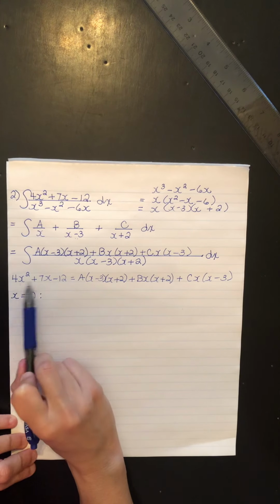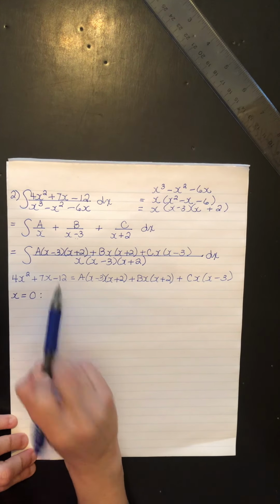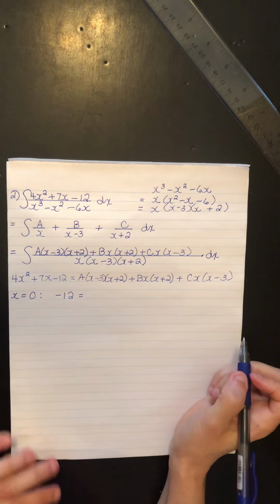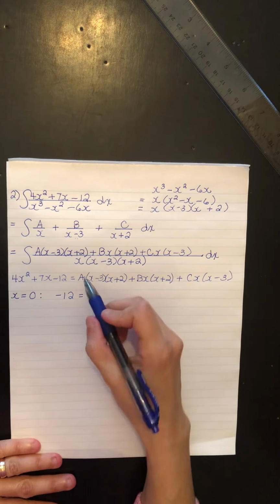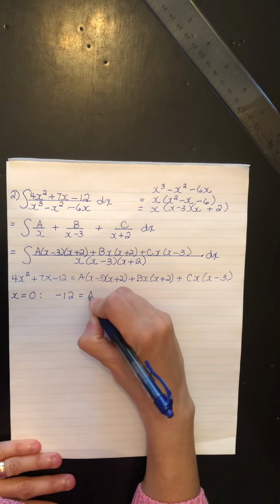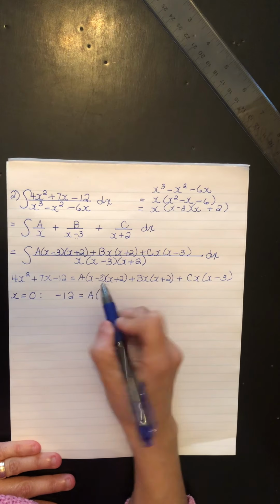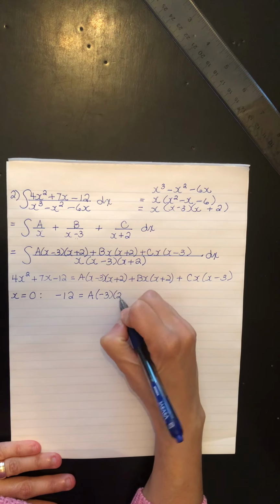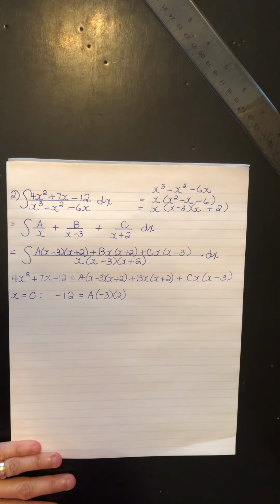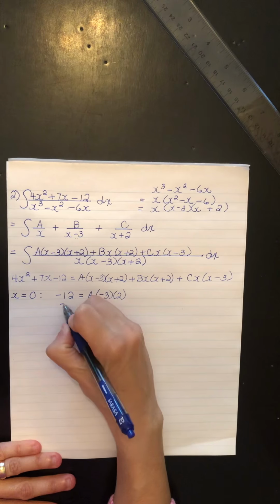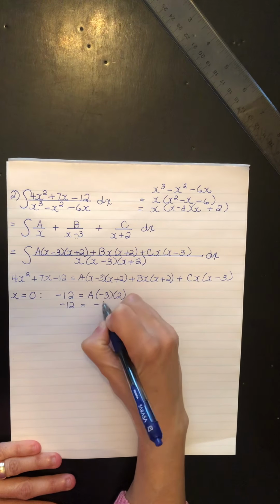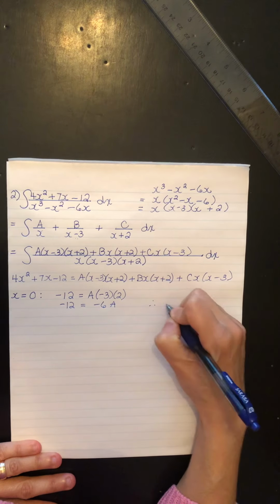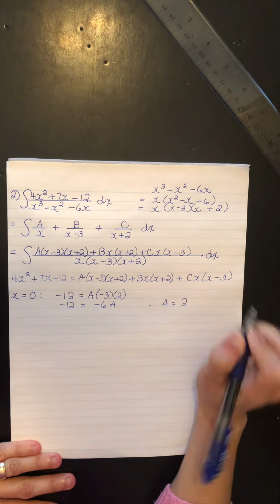If we substitute that on the left side, we will have -12. Substitution of x is 0 on the right side will give us A times -3 times +2, from which -12 is -6A, and after dividing, A is 2.